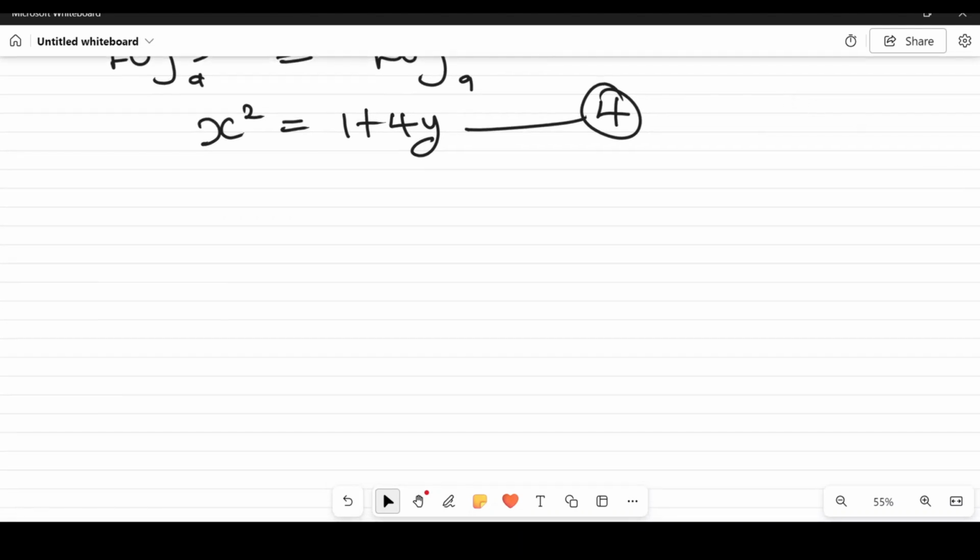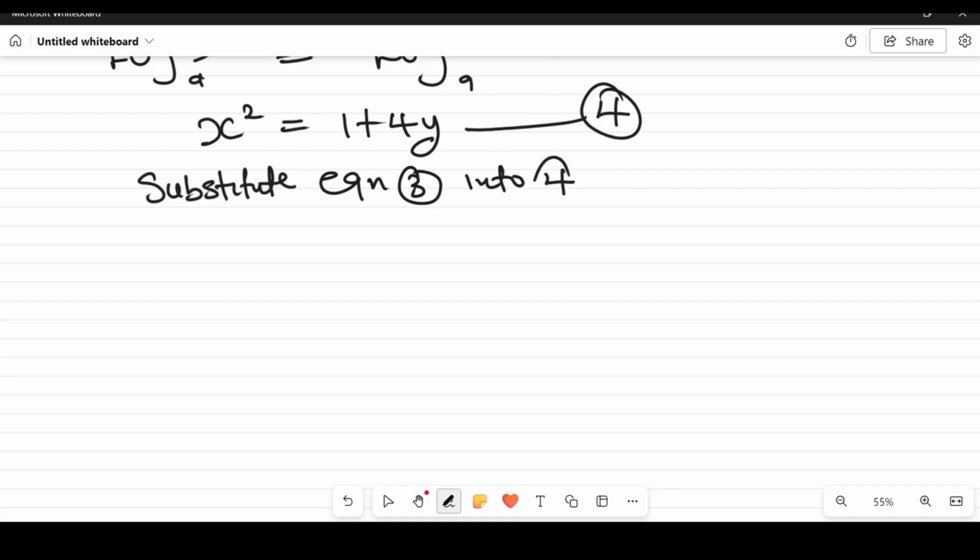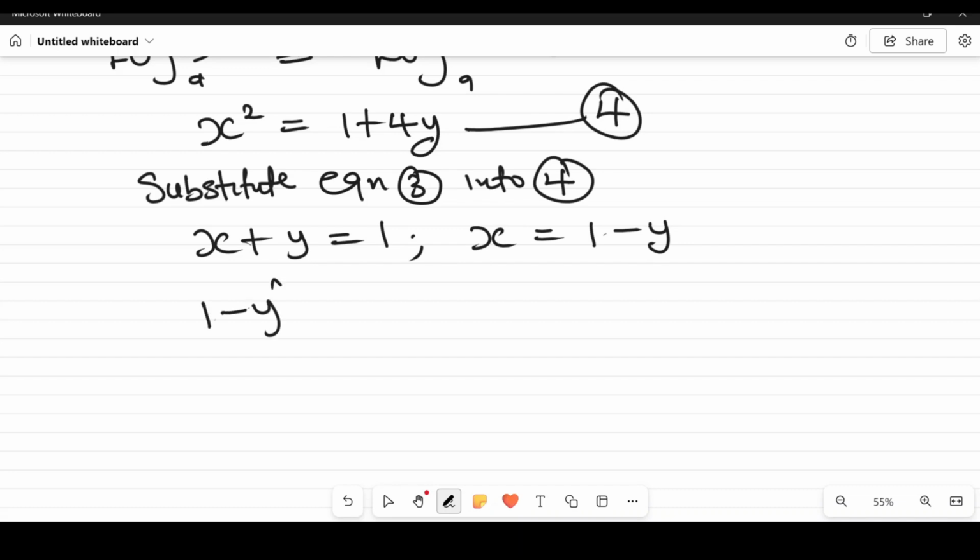To obtain the values of x and y, substitute equation 3 into 4. So we know that x plus y is equal to 1. So therefore x is equal to 1 minus y. So we have that this becomes 1 minus y all squared equal to 1 plus 4y.